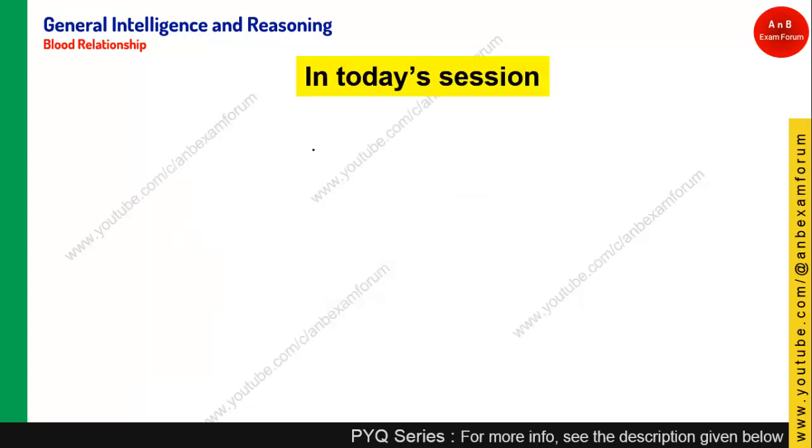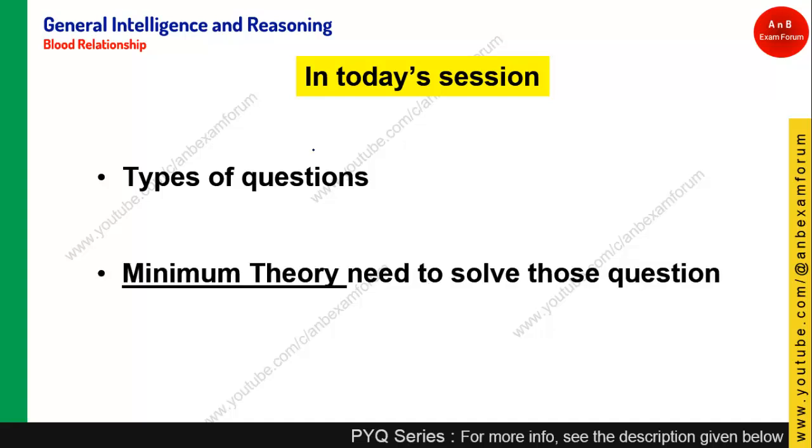So in today's session we will have some objectives. The first objective is the types of questions. We'll see the different types of questions which are asked in this particular chapter. The next is the minimum theory that is needed to solve those questions.